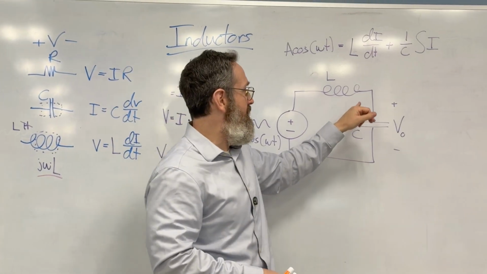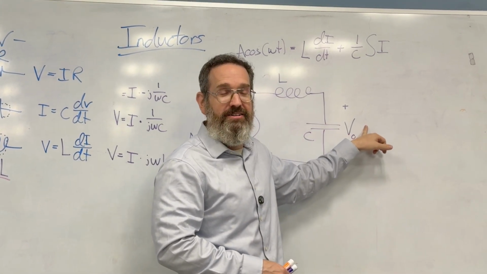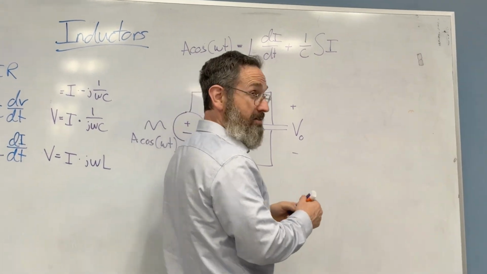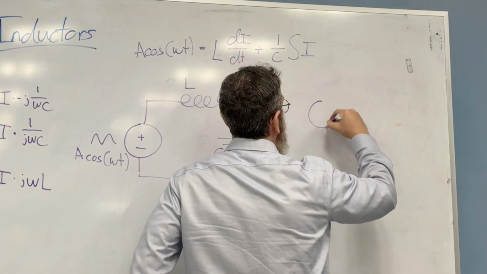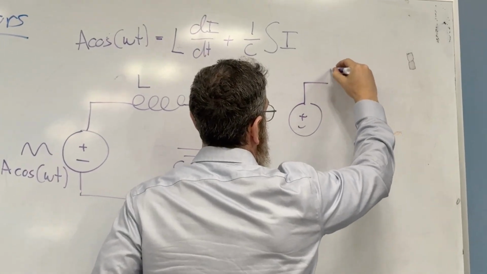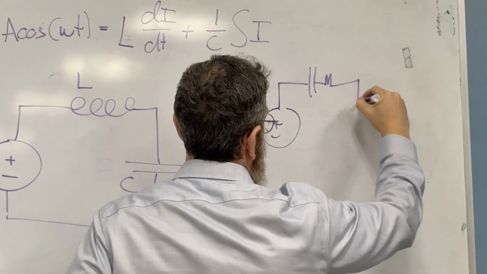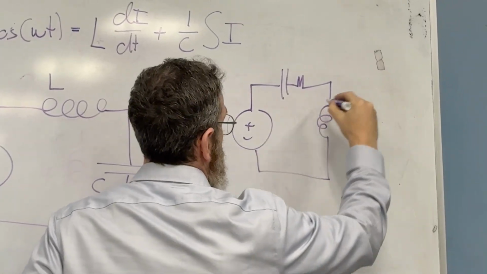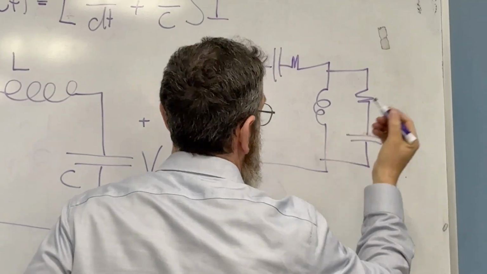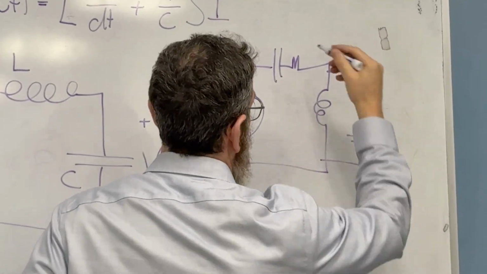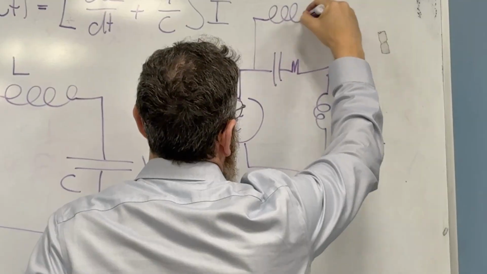But what if I'd added another inductor here, right? So now I say, oh, really? So okay, I still know. I'll say, okay, how about this? And one more for good measure.